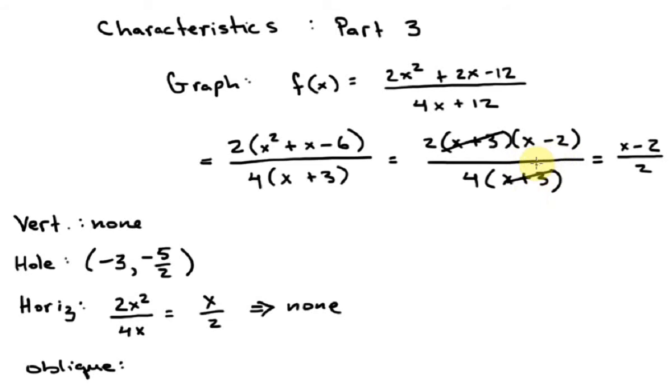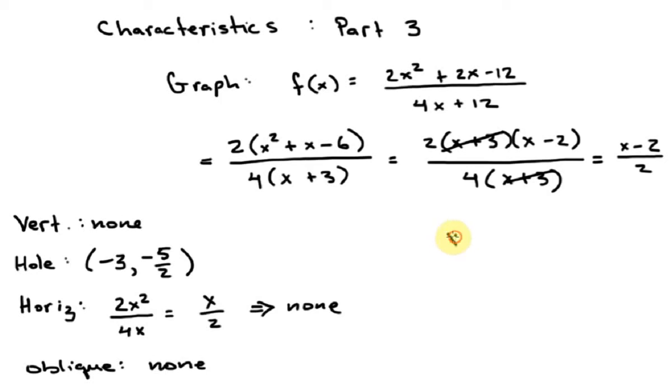It all canceled out and turned into this simpler form. So as far as oblique asymptotes are concerned, there really is none. And that's because everything canceled and simplified down to this. I mean, you wouldn't even use synthetic division on this simpler form, right? It doesn't warrant it. So no oblique asymptote either.